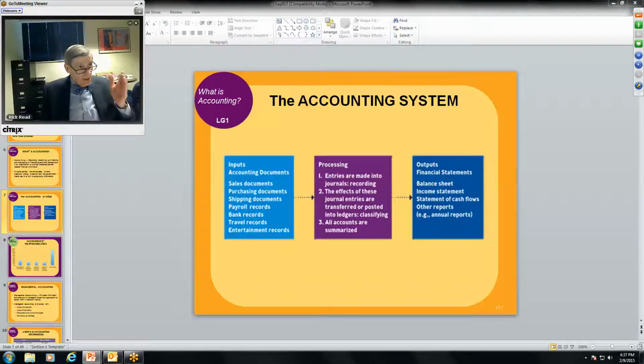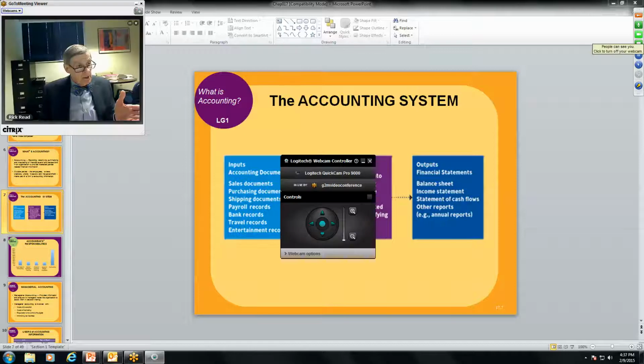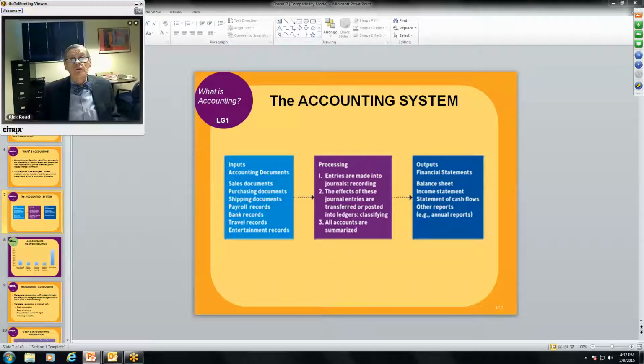You see on the left-hand side your inputs. Remember when we talked about production, you had inputs coming into the company. The inputs went through some type of transformation process, and then we had outputs.